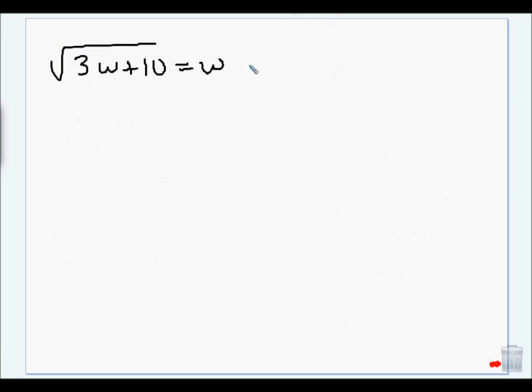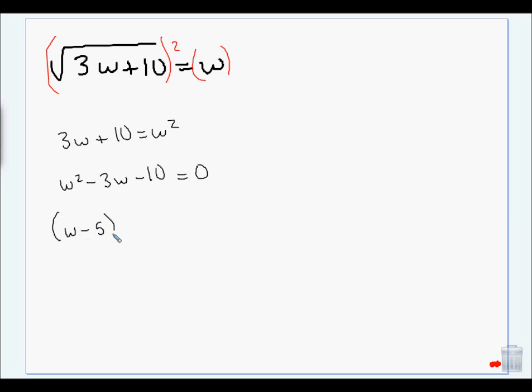Okay, last one. Gonna square both sides. And I get 3w plus 10 is equal to w squared. Or w squared minus 3w minus 10 is equal to 0.